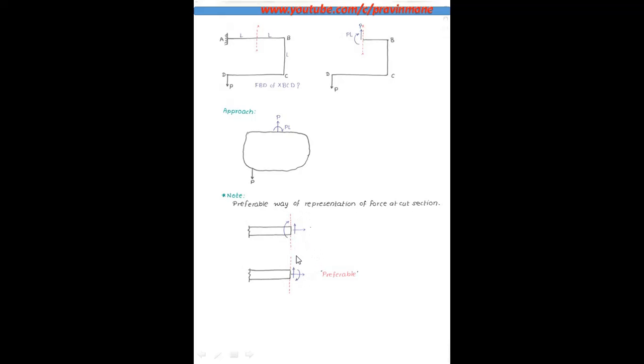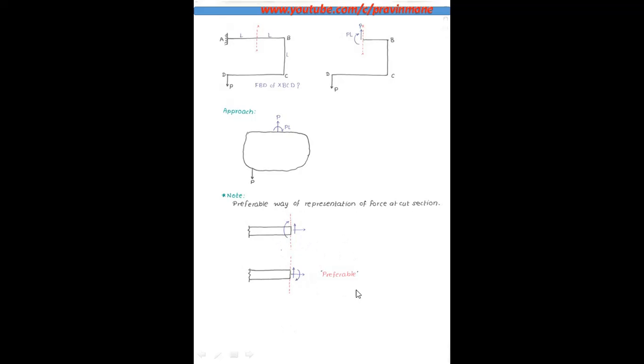Whenever we analyze a statically determinate structure, there are two methods: method of joints and method of sections. In the method of sections, we need to cut the member, so there we need to show the representation of forces and moments at cut section. So this way you should show.